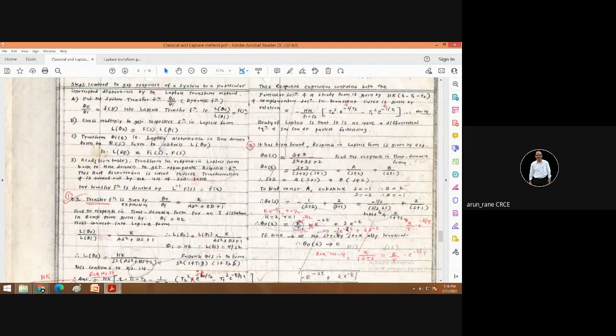So this part, hk into this, is the steady state response, and this hk into this part is your transient response. So for this particular question, my steady state response is going to be this.